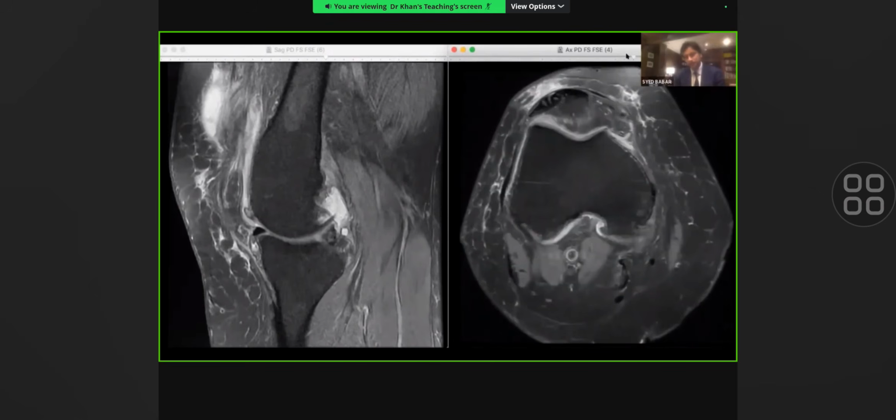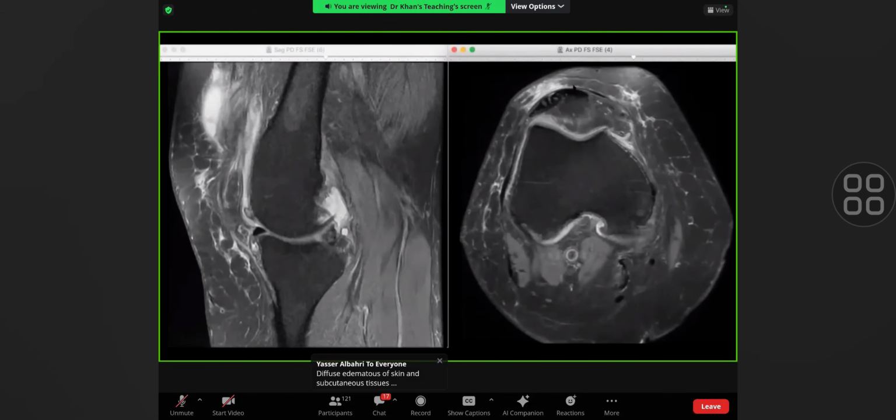Okay, so in summary, there is a bucket handle injury of the medial meniscus and complete rupture of the quadriceps tendon and a fracture fragment of the medial tibial plateau.